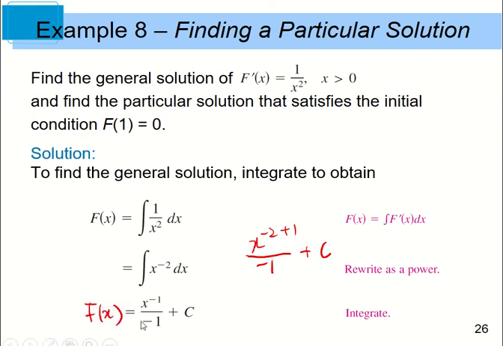However, we do not know what the constant c is here. So we use this information to find c. We call this information the initial condition. According to the initial condition, x refers to 1, and the answer we get, f x, is the y. So the y is 0. The x is 1, the y is 0.